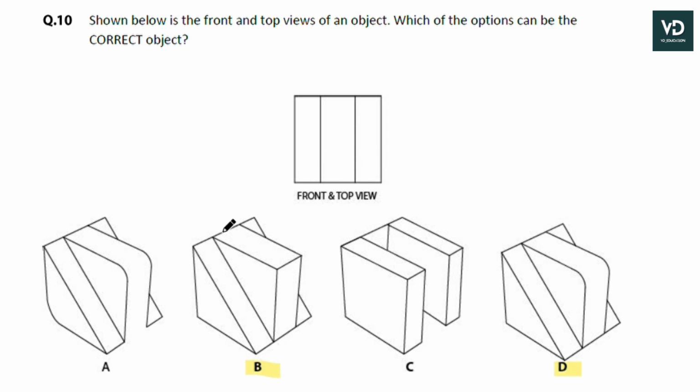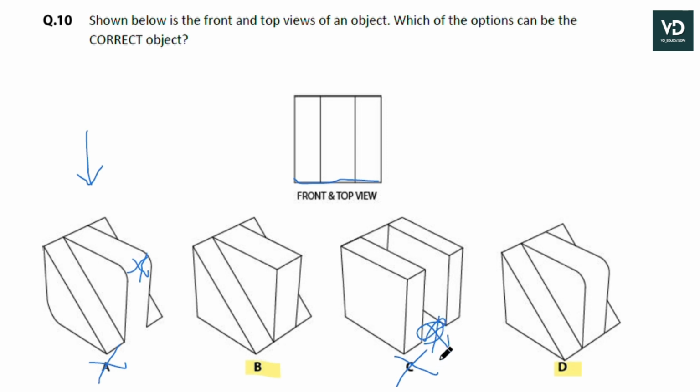Okay, so if we see from the top view, there need to be edges here, 1, 2 and 3 edges. So the first option will be incorrect and the third option will be incorrect, because there is a curved surface here, so there will be no edge, and there is an empty space, so there will be no edge.